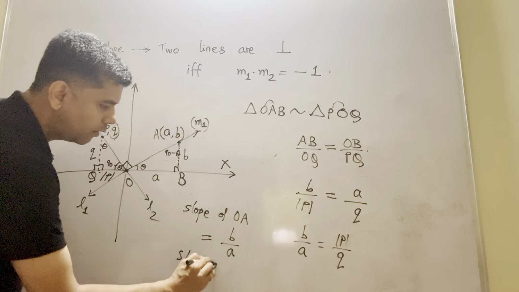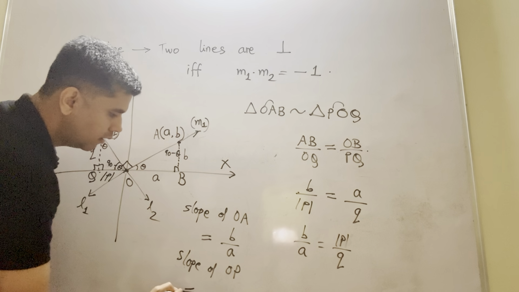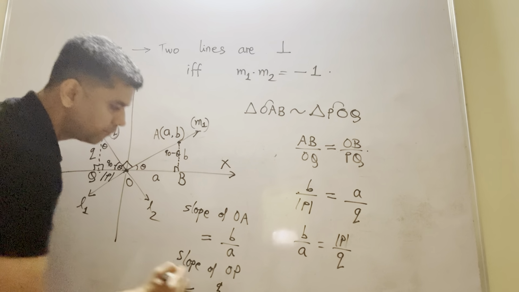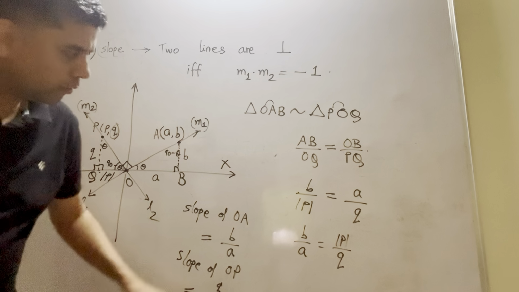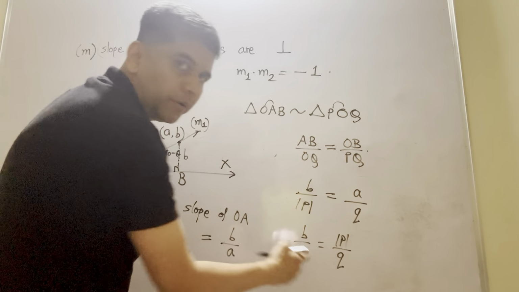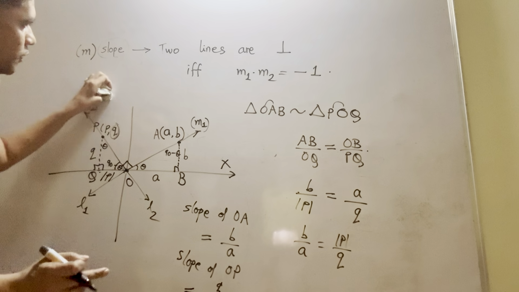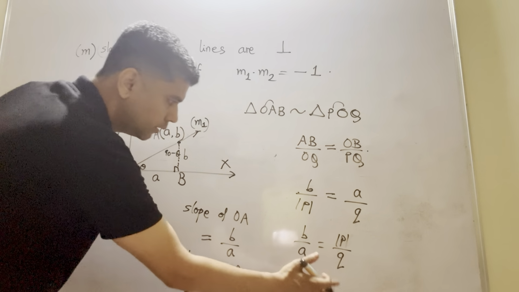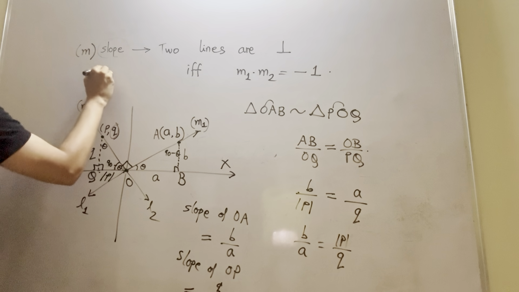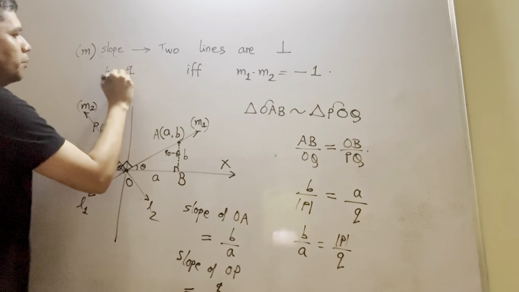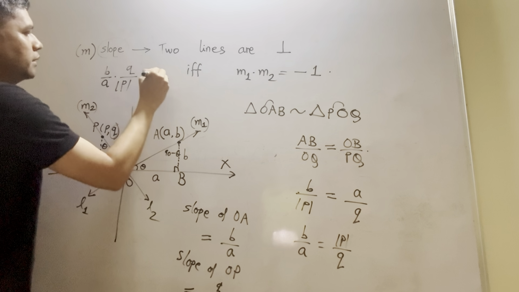So slope of OP is equal to, now this time it is going to be Q by P, right? So now what you can observe is B upon A is equal to mod P upon Q. So if you cross multiply, then you can observe, I'll write here because there is some insufficient space. So we'll get B upon A into Q upon mod P is equal to 1.